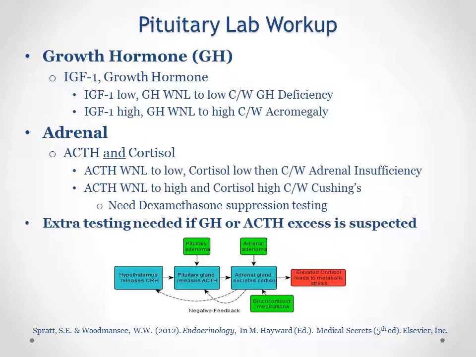As we mentioned in some previous slides, it's important to look at the adrenal glands and measure the ACTH and cortisol levels. If you've got low levels, then you're looking at adrenal insufficiency, high levels at Cushing's disease, and you would then need the dexamethasone suppression testing. You may also need extra testing if the growth hormone and ACTH excess is suspected.